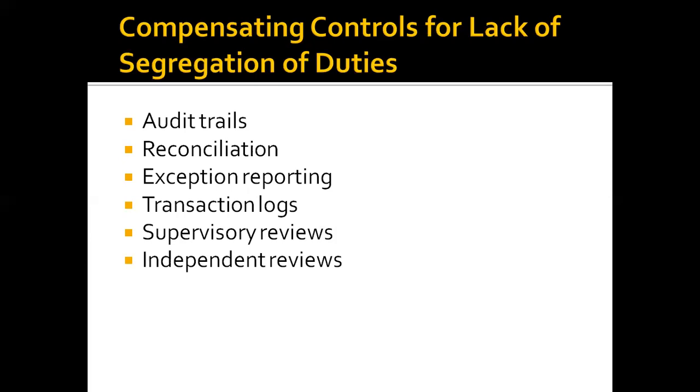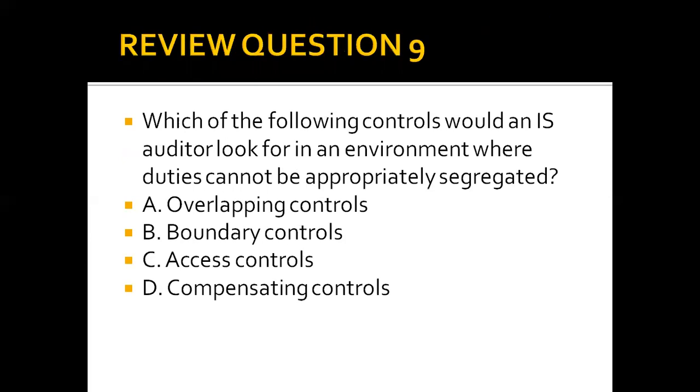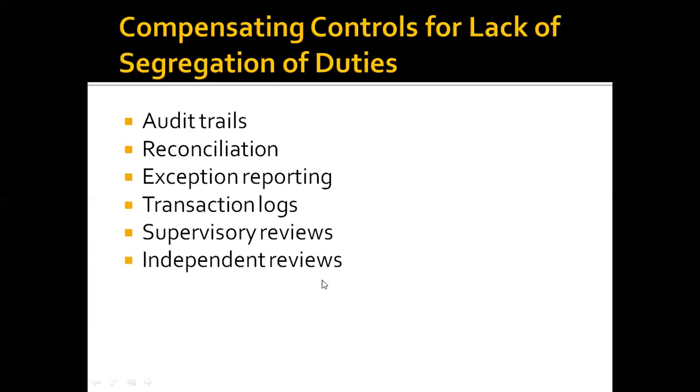Exception reporting, we can build that into the application, like audit book, so that whatever the person with super powers or super roles does that is against the norm or against the policies of the organization, the system can flag it. Okay, we have transaction log, which is also part of the audit trail. So we should be able to have logs to review whatever has been done at the end of the day, at the end of the week, as the case may be.